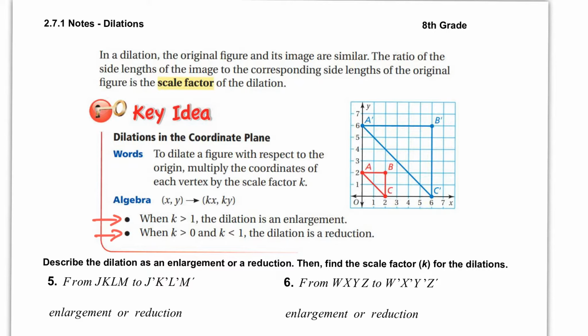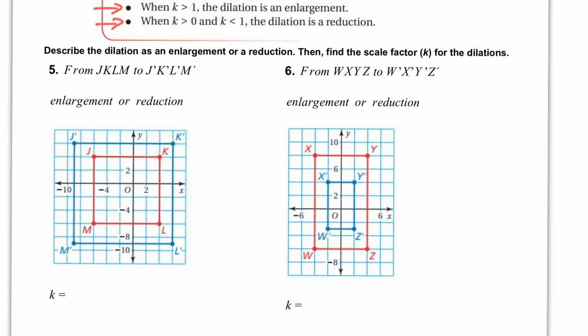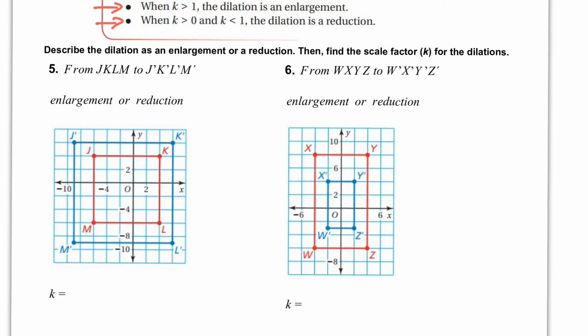Okay. Last thing we want to be able to do here is to describe. The instructions for numbers 5 and 6 say describe the dilation as an enlargement or a reduction, then find the scale factor for the dilation. So they give us the original figure, they give us the dilated image, and they want us to describe it and find the scale factor.